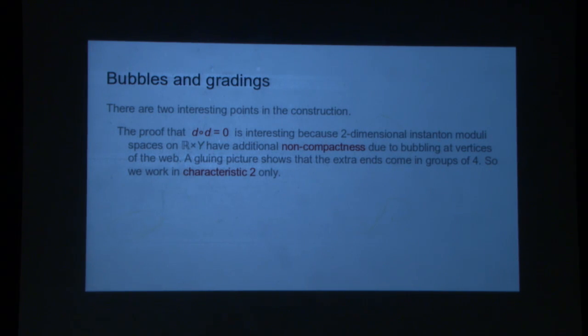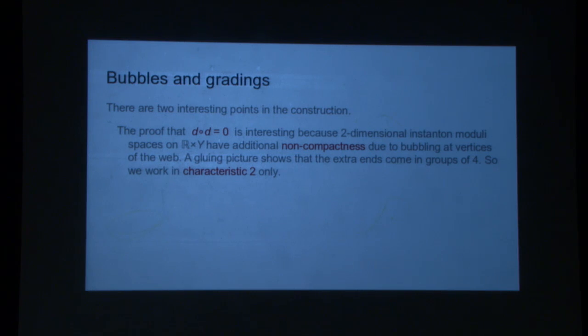Unlike the familiar drop in dimension by 8, which would happen with instantons on the four-sphere, what happens here is a drop of dimension by 2, and that interferes with the proof that d squared is 0, this bubbling at the vertices. So a 1-manifold which you want to be compact modulo broken trajectories actually has some extra non-compactness, some extra ends.